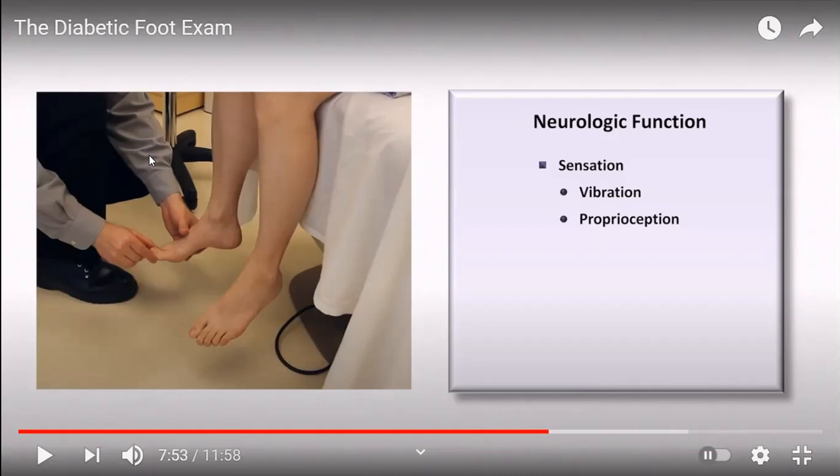We can prevent it or slow its progress by keeping the blood sugar within the target range as much as possible, and maintaining a healthy lifestyle.